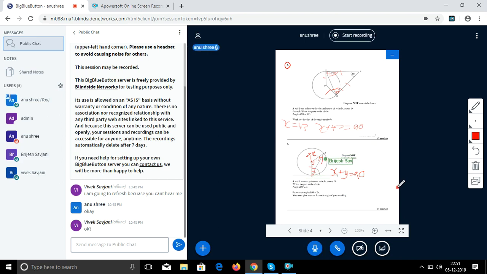But I don't understand which angle is 2x. x plus y equals 90. Okay, so this one is okay. Yeah, that's good.